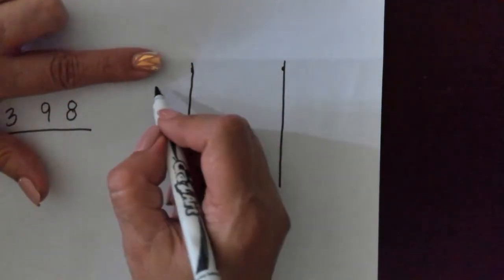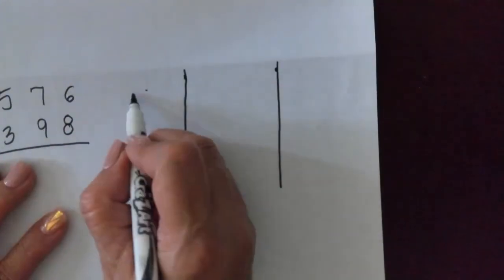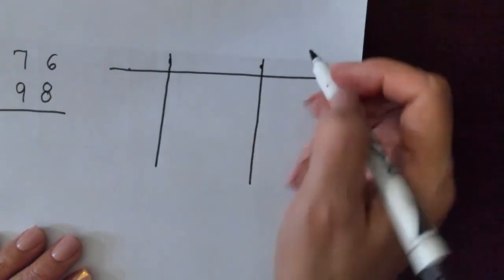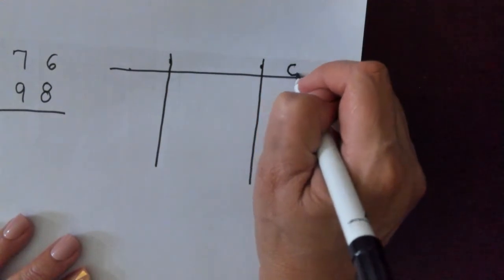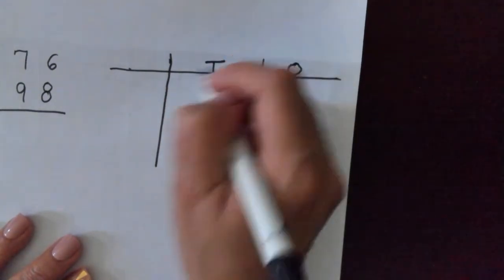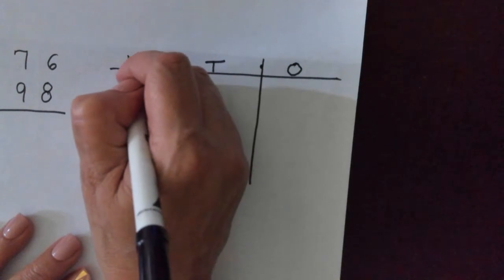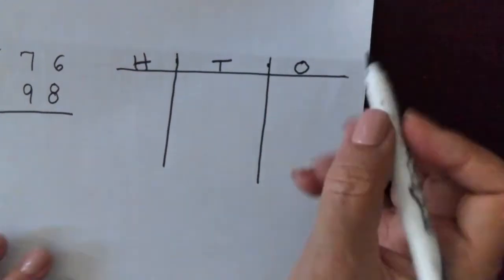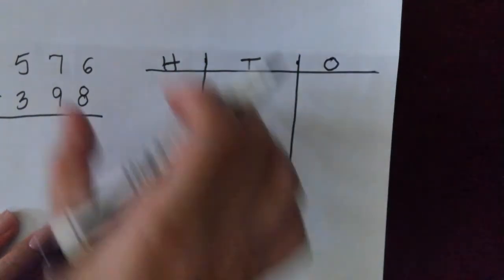Now over here, you could put a finger here, put a dot there, just to have an idea of how much space you need to use. Ones, tens, hundreds. Hundreds column, tens column, ones column. These are columns.